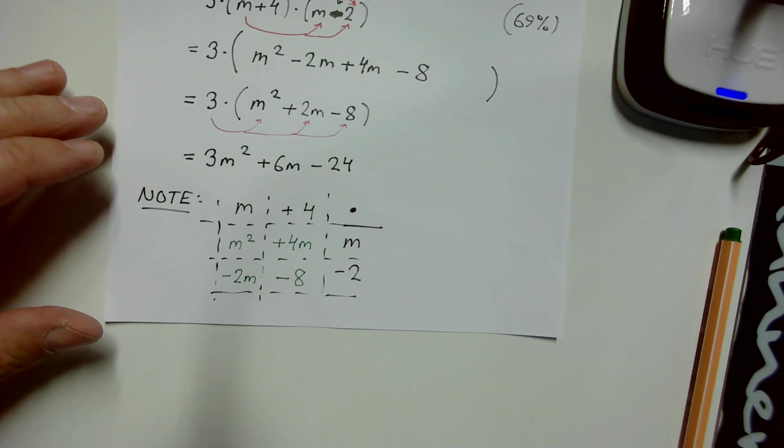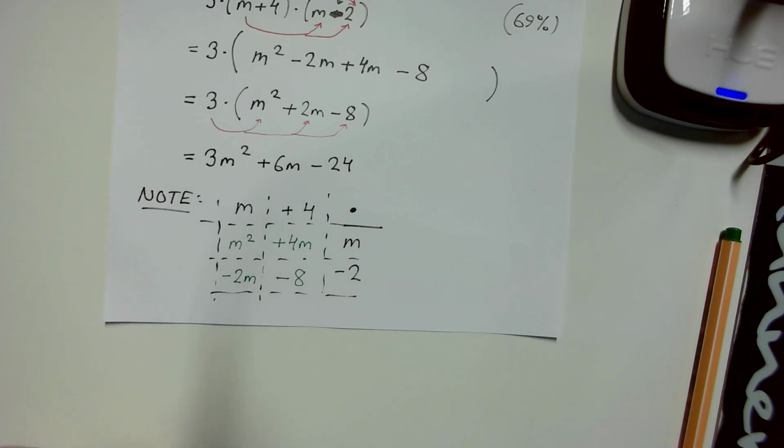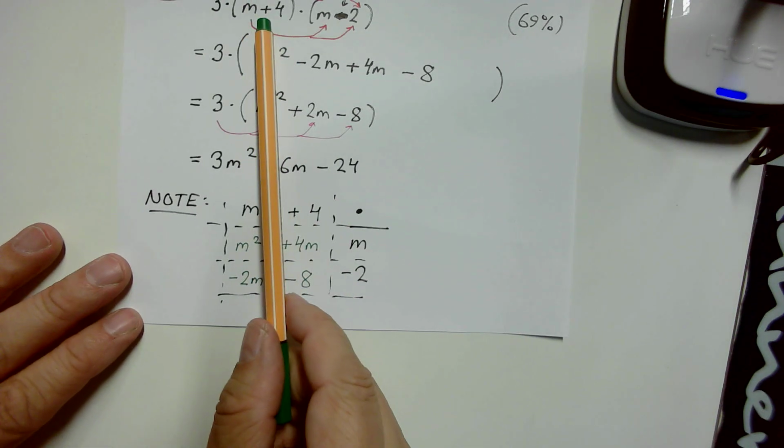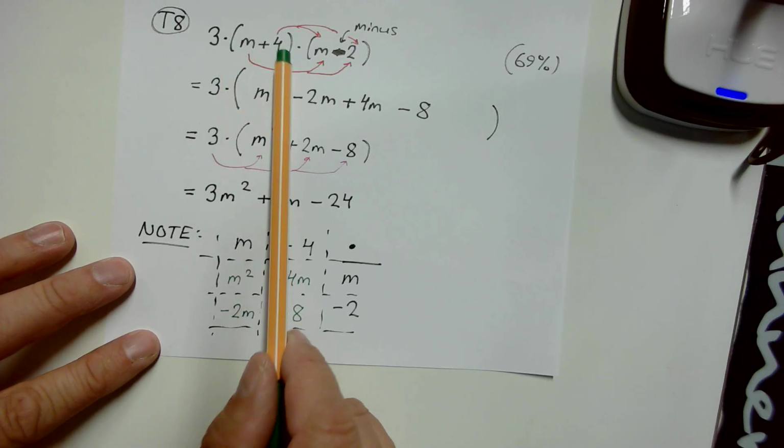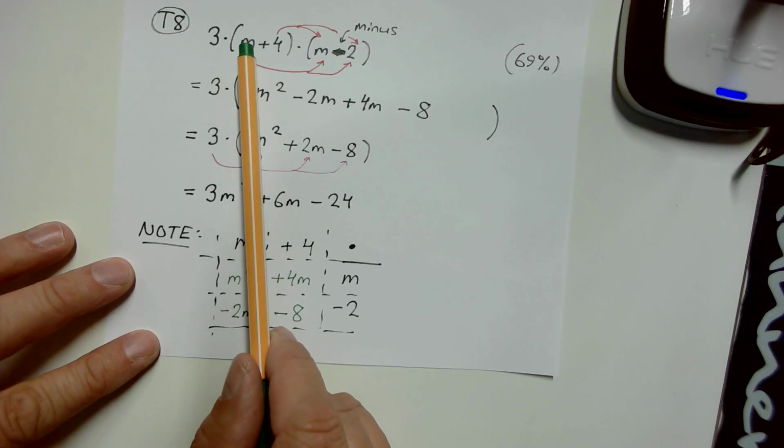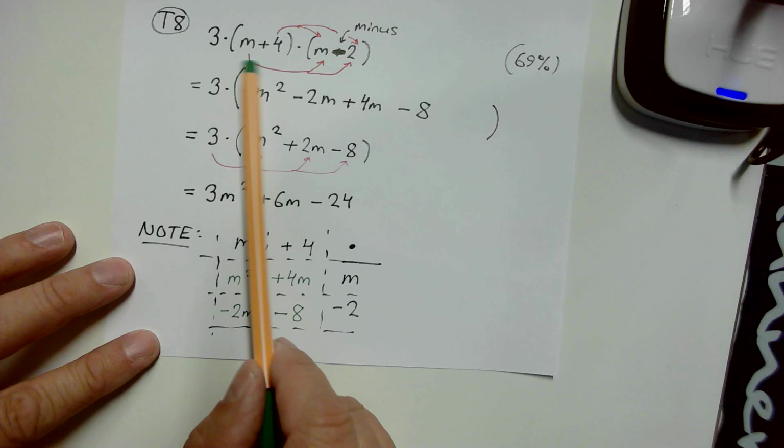This table method is most useful when we have binomials, two numbers or two letters in this expression.